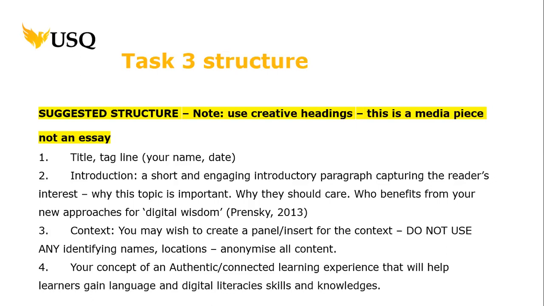You need to be aware of the context, but do not use any identifying names, locations, right? Because why? This is where I was talking about Creative Commons license now and open education resource. Your model is going to be shared in the open world where there are no restrictions.